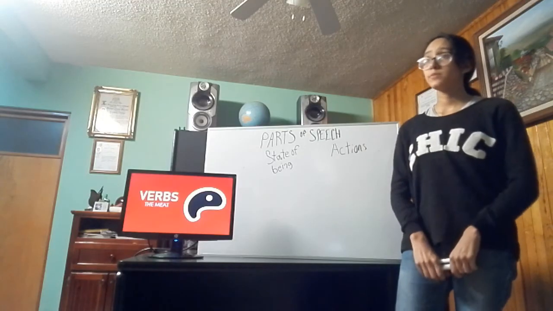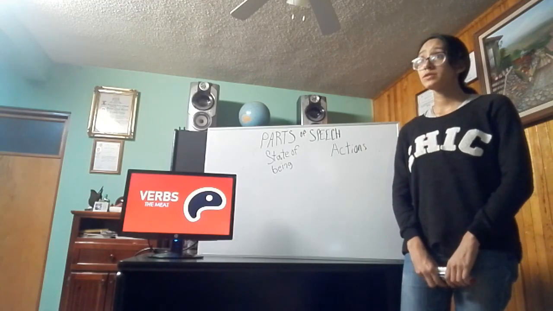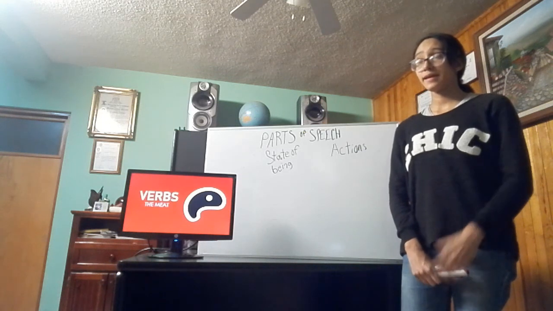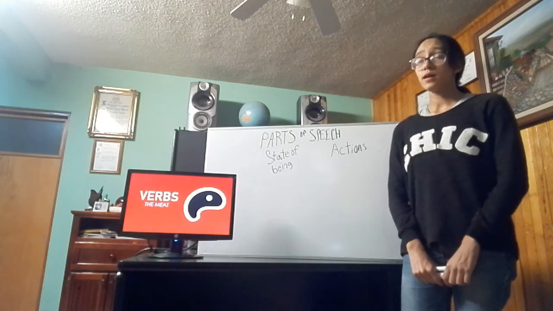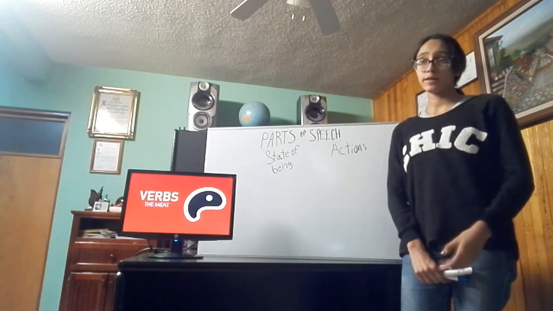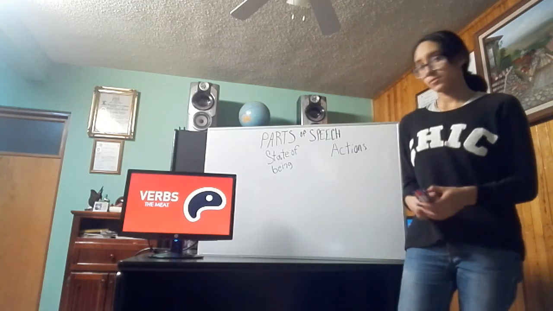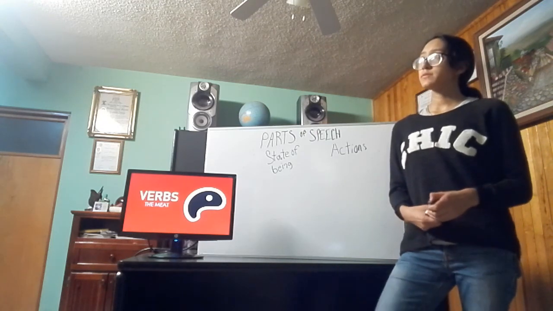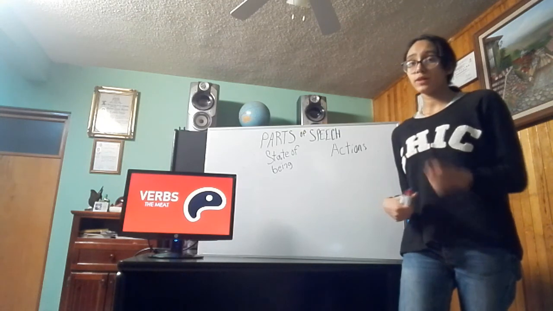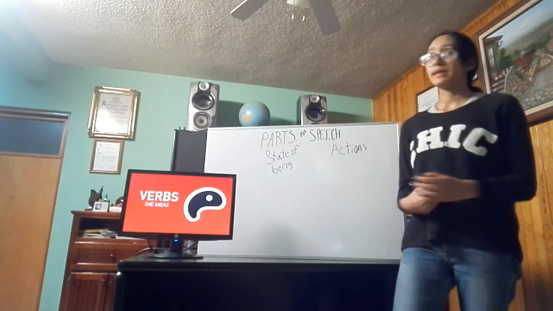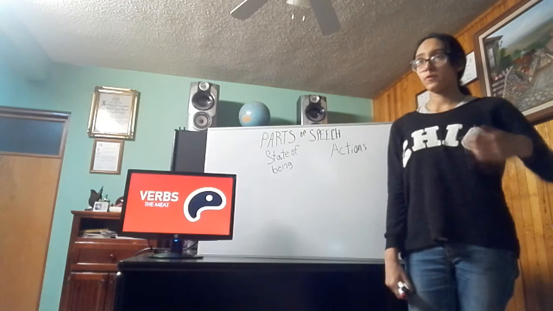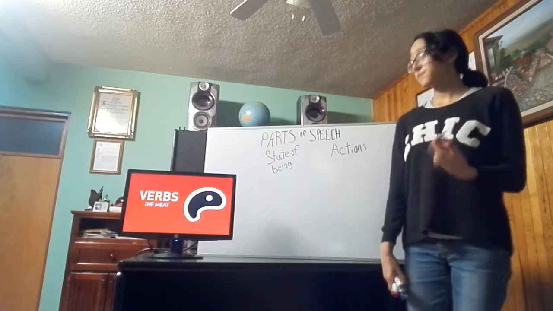When we talk about state of being, we are referring usually to verbs like am, is, are, was, were, and we can keep going. But these are usually the ones that tell you how you are, how you're feeling, and right now, how you were feeling, how you will be feeling.